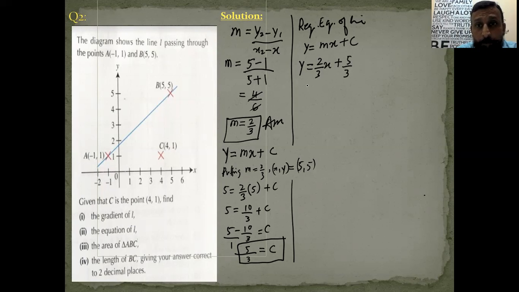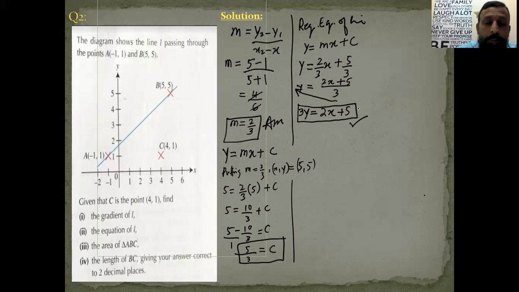So what can you do? You can take the LCM, 3. Now you have 2x plus 5. Finally, cross multiply this 3 over there. So we have 3y equals 2x plus 5. So my dear students, this is the best practice. So give your answer in this form. Okay, so this is your equation of line: 3y equals 2x plus 5.